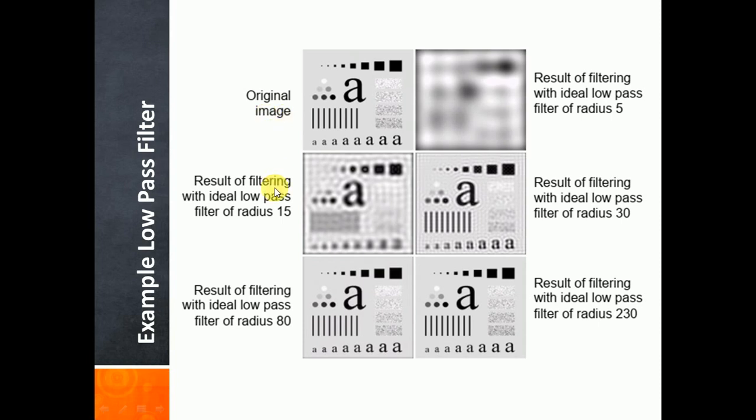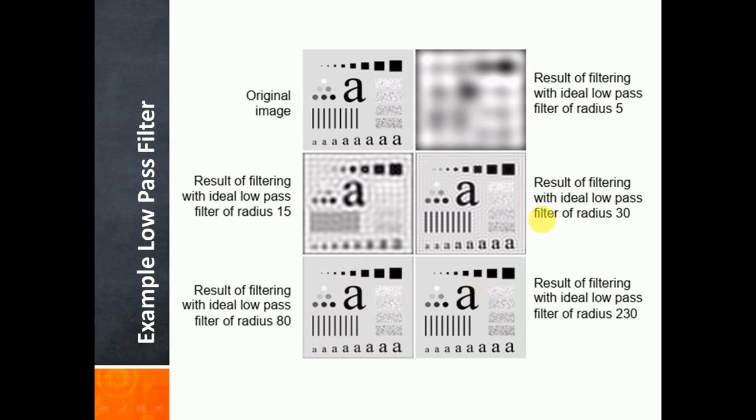As you increase the radius of the low pass filter, you can see that the writings become clearer and clearer with larger radius, because now you are allowing the high frequency components to pass through, which ensures that the textures are retained and you have the writings coming out clearly.